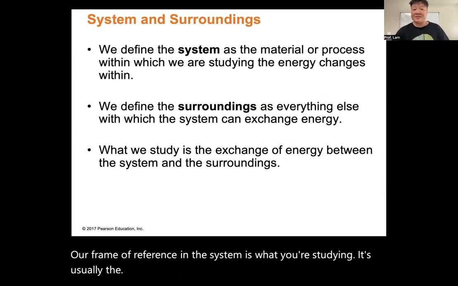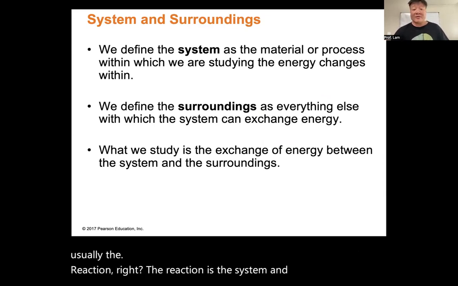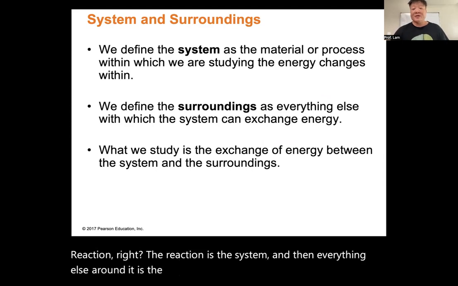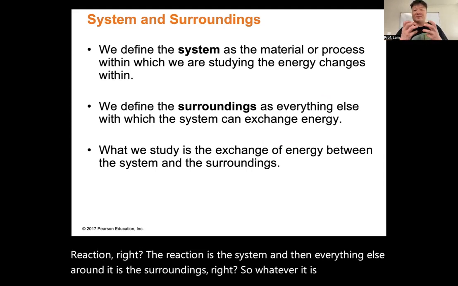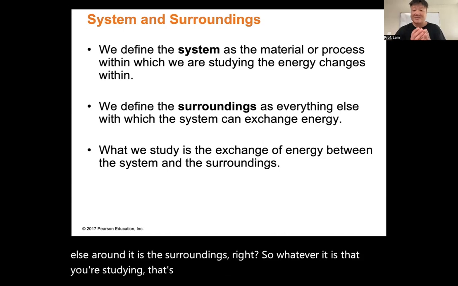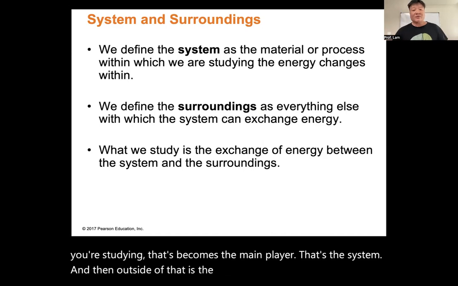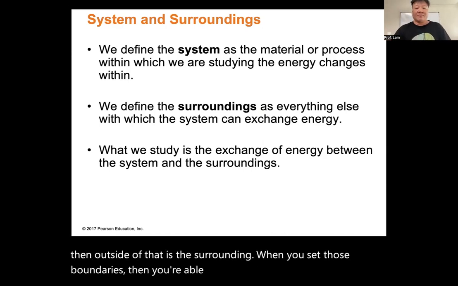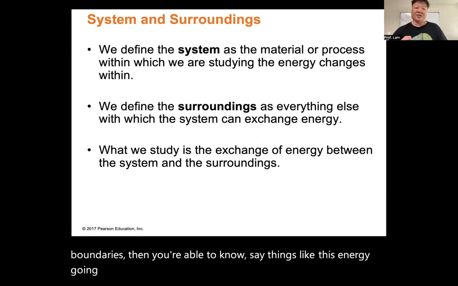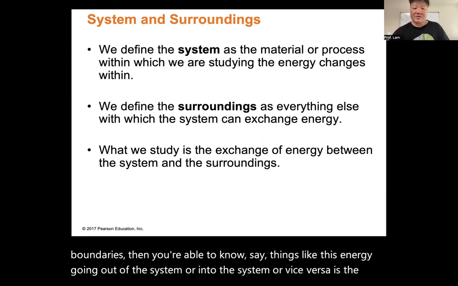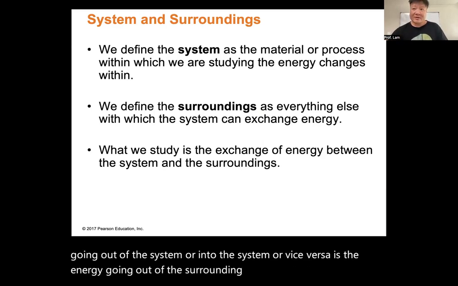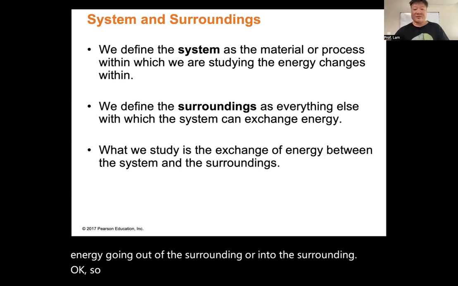The reaction is the system, and then everything else around it is the surroundings. So whatever it is that you're studying becomes the main player, that's the system, and outside of that is the surroundings. When you set those boundaries, you're able to say things like, is energy going out of the system or into the system? Or vice versa, is the energy going out of the surroundings or into the surroundings? And so you have a frame of reference in order to talk about energy exchange.